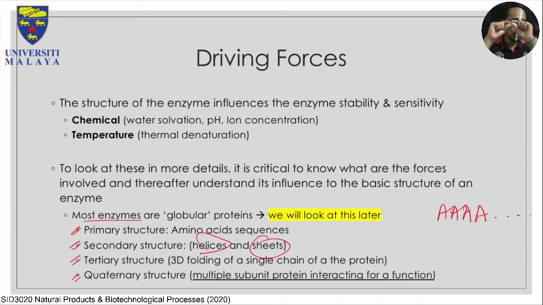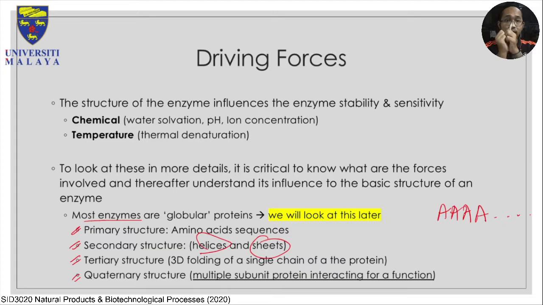Okay, so one straight chain of amino acids, where this side for example folds into alpha helices and the other side folds into a beta sheet. These two, alpha helices and beta sheet, are the secondary structure. When these two interact with one another, forming a more globular-like protein, we then consider it a tertiary structure. Okay, so that's the basic principle of tertiary structure.